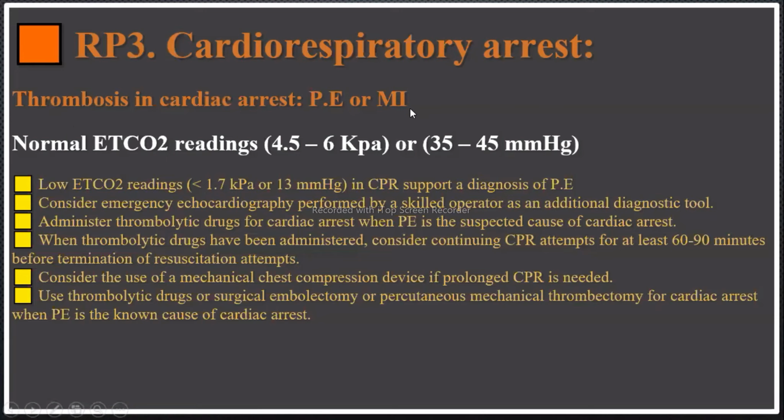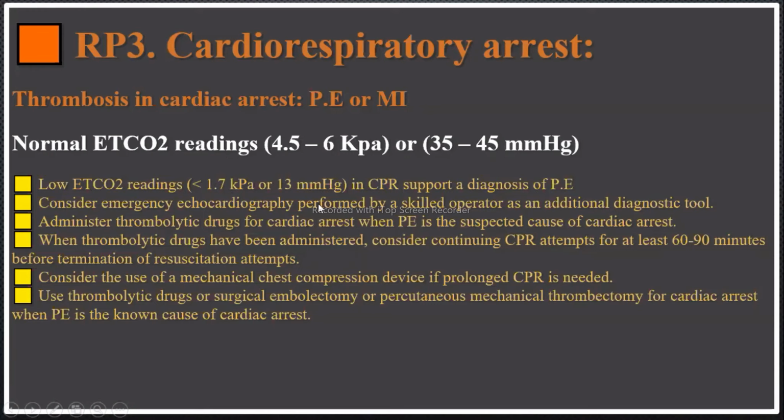Thrombosis in cardiac arrest, whether pulmonary embolism or myocardial infarction. You have to expect the normal ETCO2 reading of 4.5 up to 6 kilopascal, or 35 up to 45 millimeters of mercury. It depends on the laboratory. So here, if you find a low ETCO2 reading less than 1.7 kPa or less than 13 millimeters of mercury in CPR, this supports the diagnosis of pulmonary embolism.